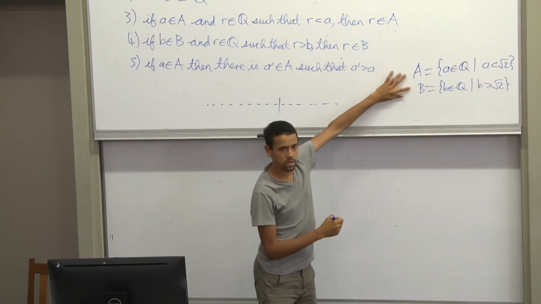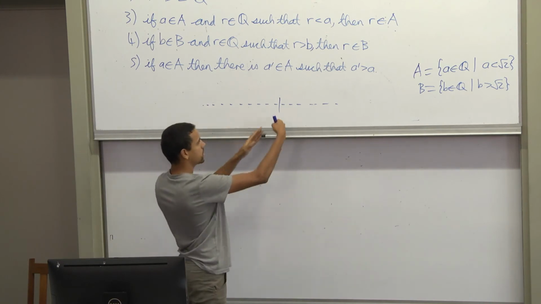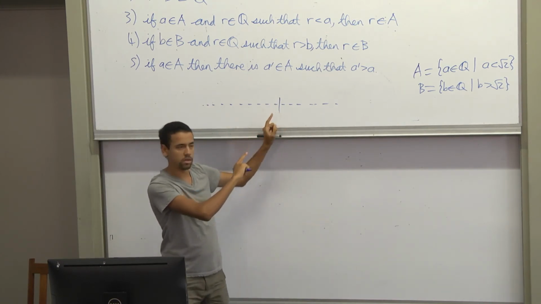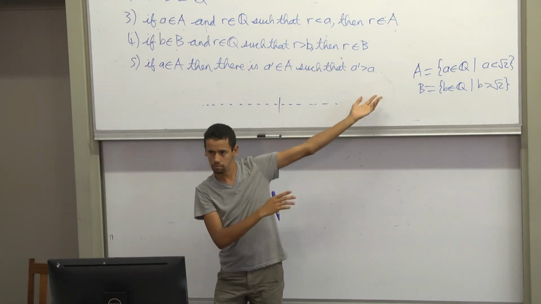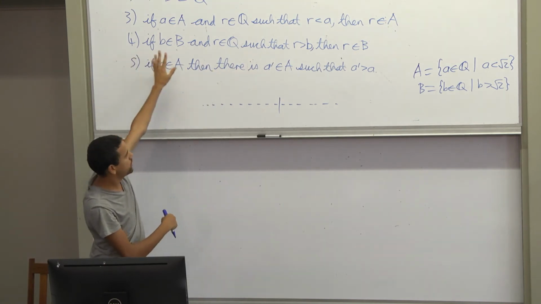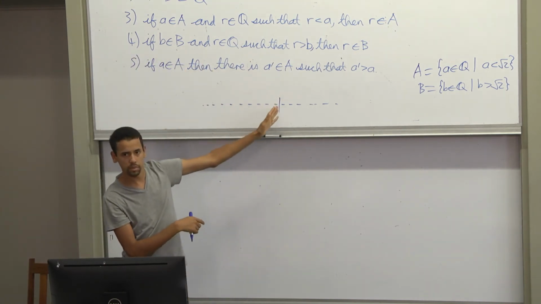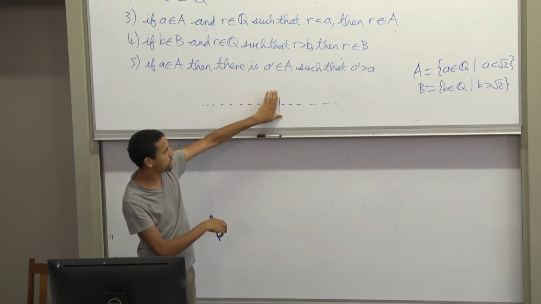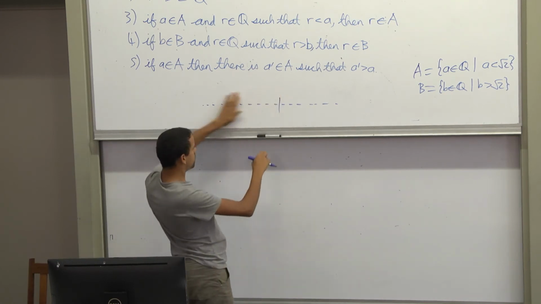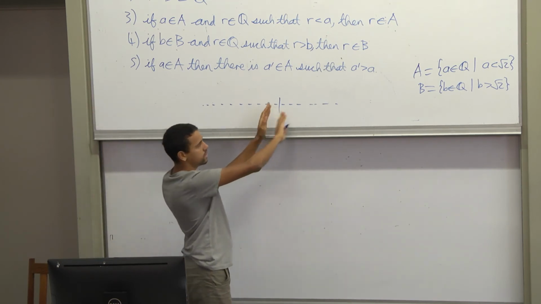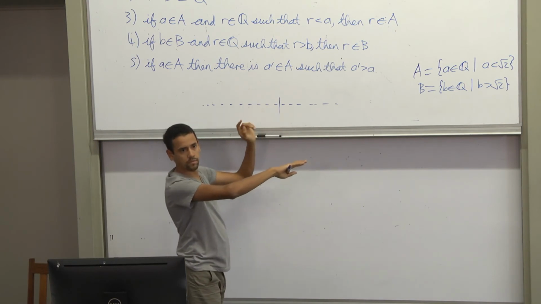Those two together make a Dedekind cut, but the middle point is not a rational number. The middle point is √2. But this definition doesn't actually talk about the middle point in any way. It's just a characterization: everything has to be everything to the left of something and everything to the right of something.